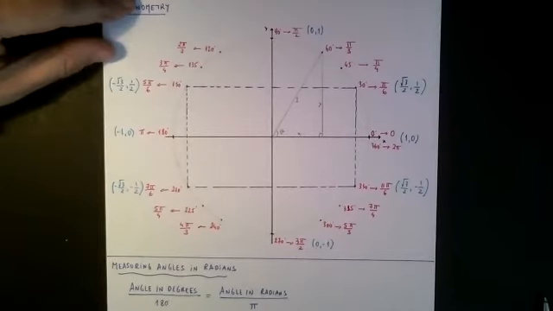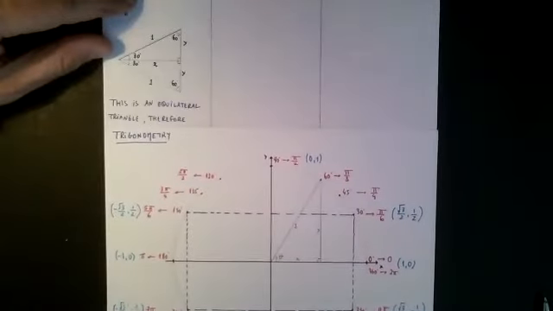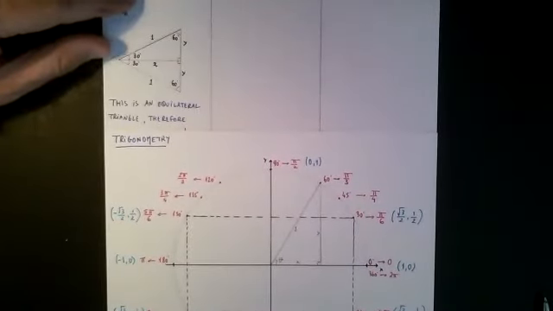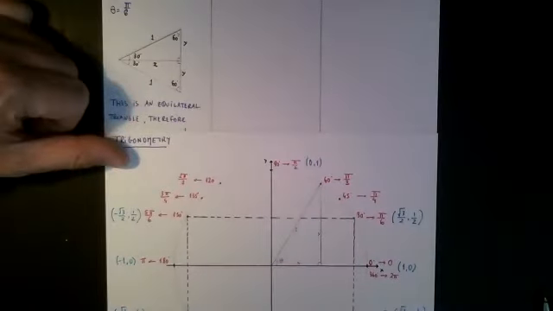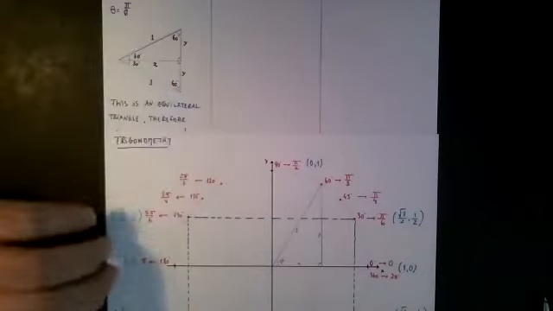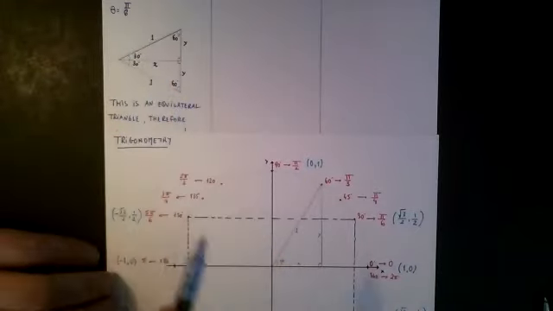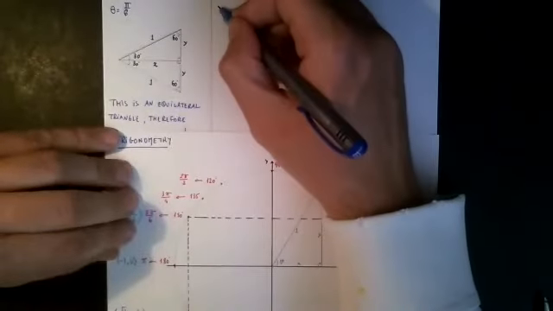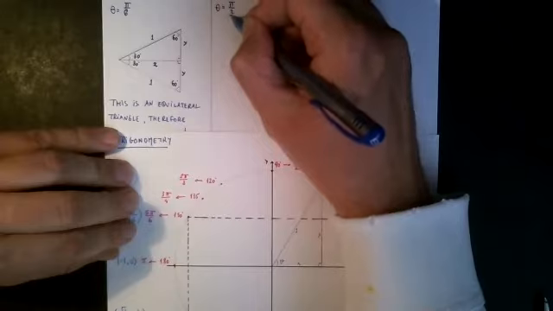Are you with me? Am I going too fast? You're fine? Okay. So now again, I will redraw this triangle separately here and see if I could find what x and y are with the same type of logic as what I did here. Theta equals pi over 3.